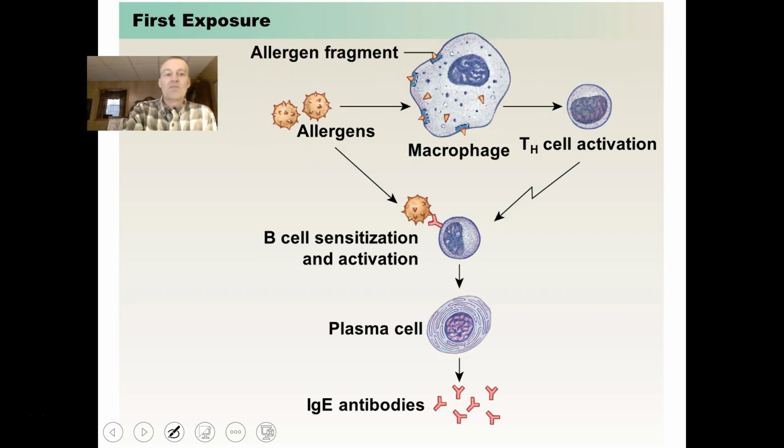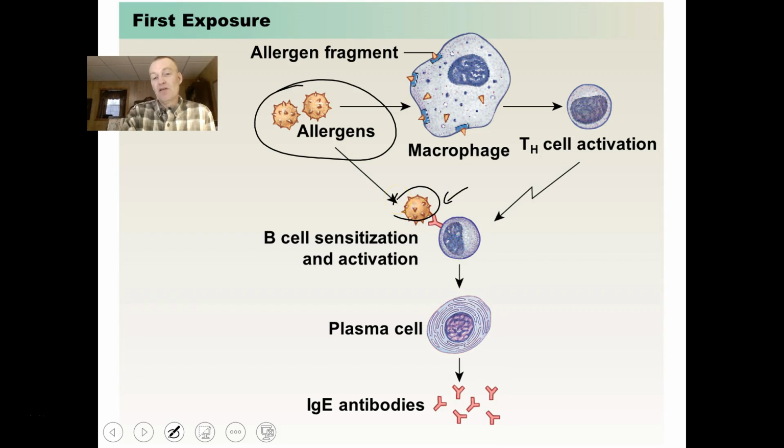Just something about allergies. Sometimes we have allergens, which are proteins in the environment that aren't really deadly to us, but unfortunately we sometimes have B cells that recognize them. You can see here this pollen grain. There is an antibody in this particular person that can be sensitized to that allergen.